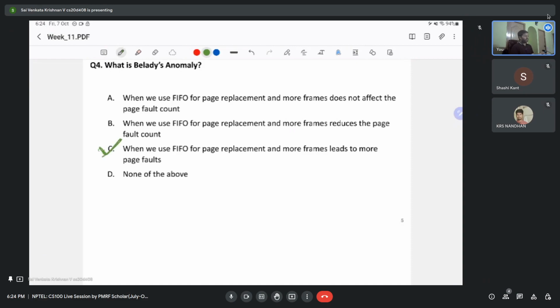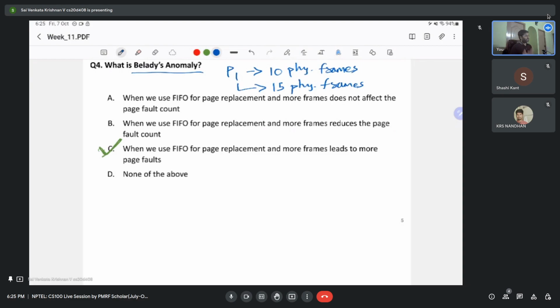The reason being, what Belady's anomaly is all about is the normal assumption. Say you have a process P1 and it has allocated 10 physical frames, and if it is allocated more frames, say 15 physical frames, the normal assumption is, okay, we are allocating more memory, so it will always perform well.